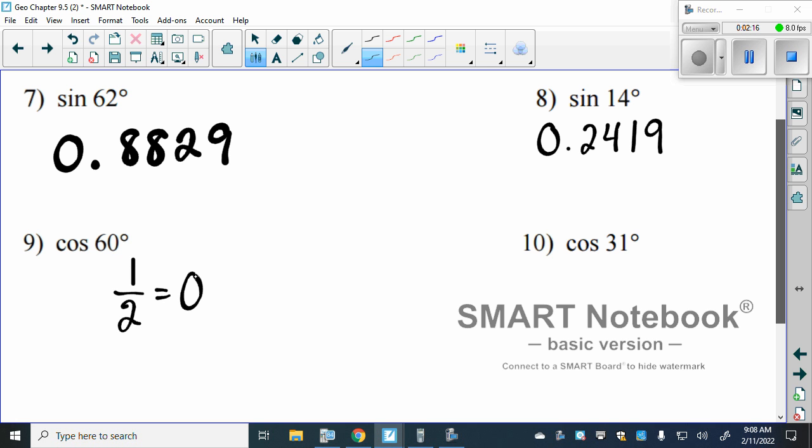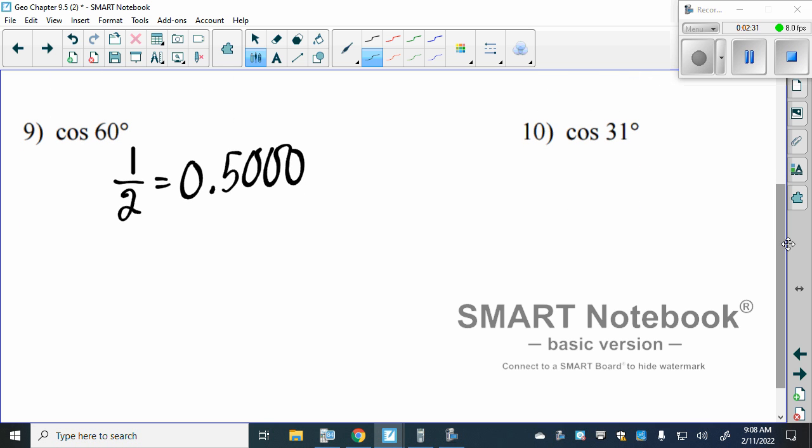Which is 0.5000. And I believe sine of 60 is square root 3 over 2. And lastly, how about cosine of 31? 0.8571, or we can just say 0.86 if we're going to 4 decimal places.